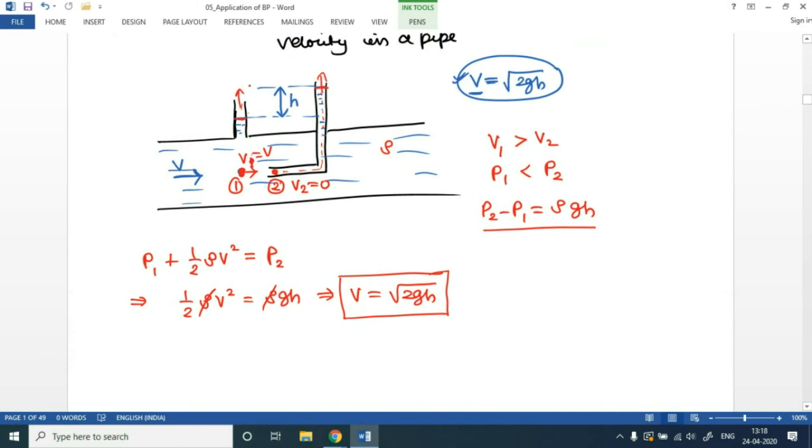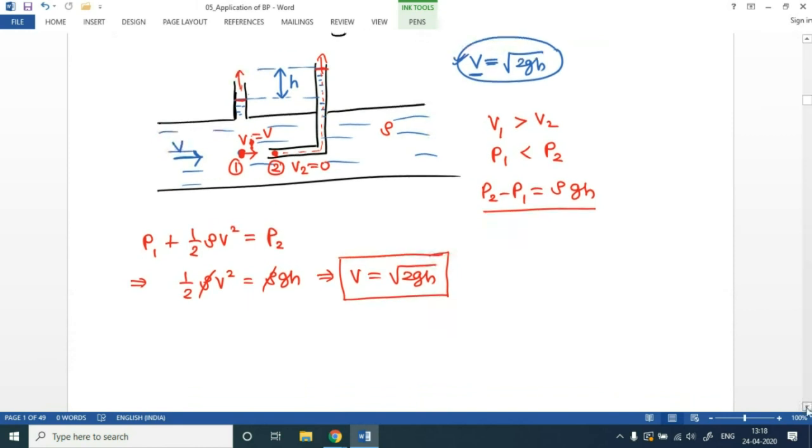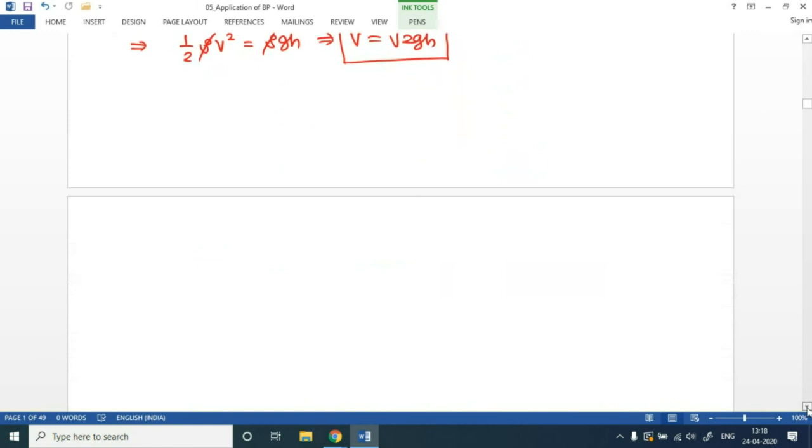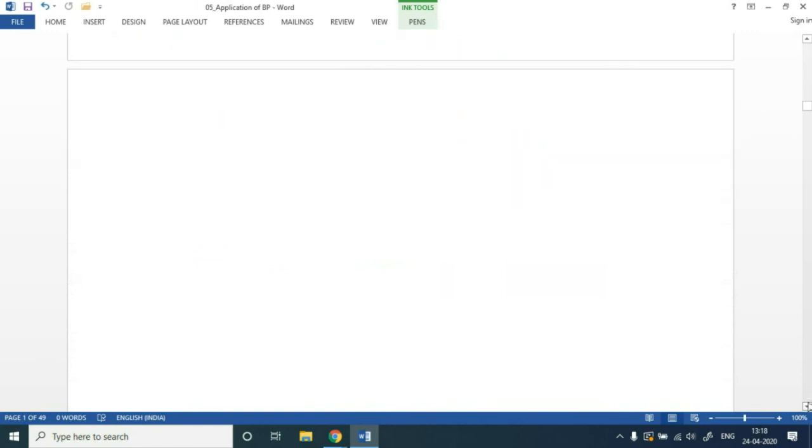So if there is gas, it will start coming out of these columns over here. So this arrangement is not useful in case of the flow of gas. In order to do that, we use a different arrangement, but with the same working principle. Let's look at that arrangement as well.